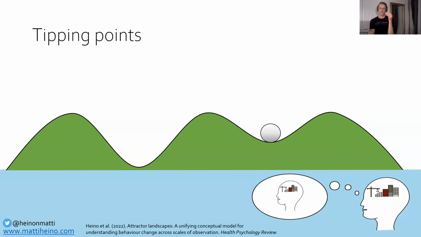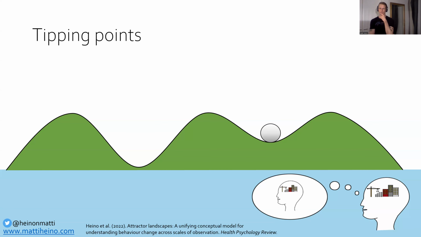And hysteresis doesn't happen in linear systems. So this tells you that you're in a nonlinear situation and you should really reconsider whether you want to use linear methods and regression analysis and correlations and all of that kind of stuff.